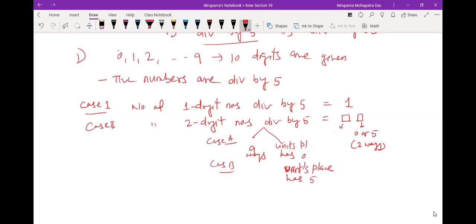Now what will you put in the tens place? You cannot have 0 here, so it means you have 8 choices here, 8 ways. So how many ways do you have here? Here you have 9 ways, here you have 8 ways. How many ways do you have here?